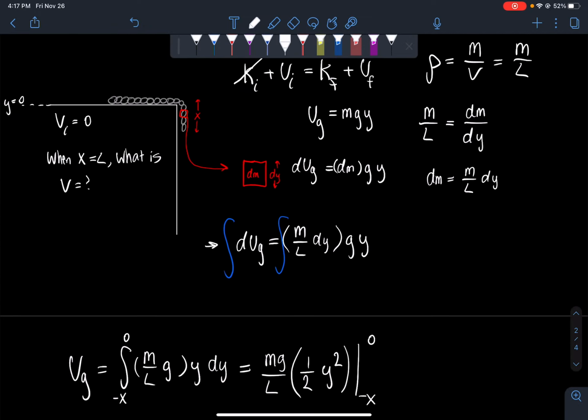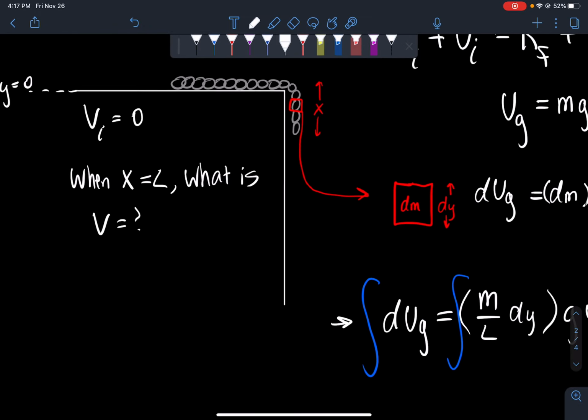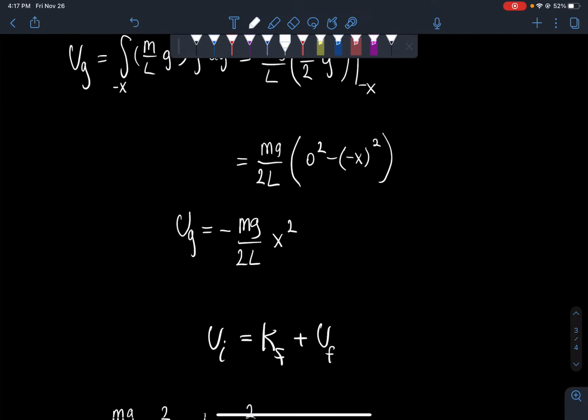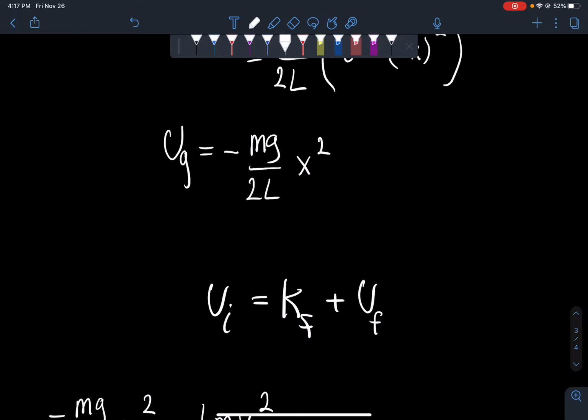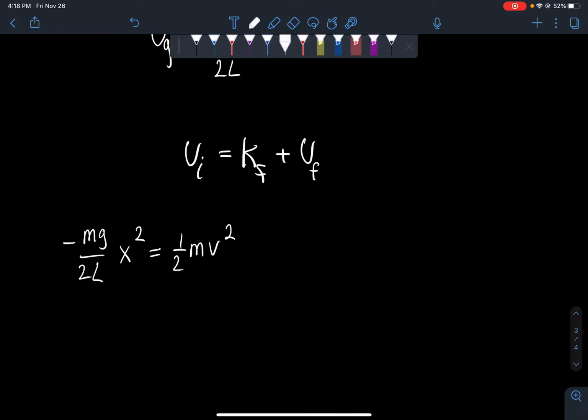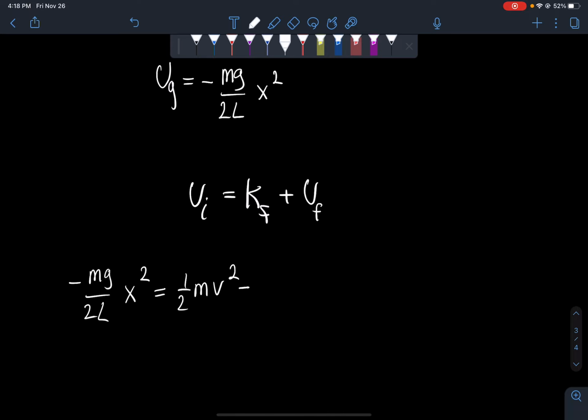So up here, I wrote down that what we're trying to find ultimately is when x is equal to L. So when the distance that's hanging off the table is the whole length, L. So in this equation, we're going to substitute an L for x because that is saying that the amount hanging off the table is the whole length, which is L. So we're going to say minus mg over 2L times L squared.